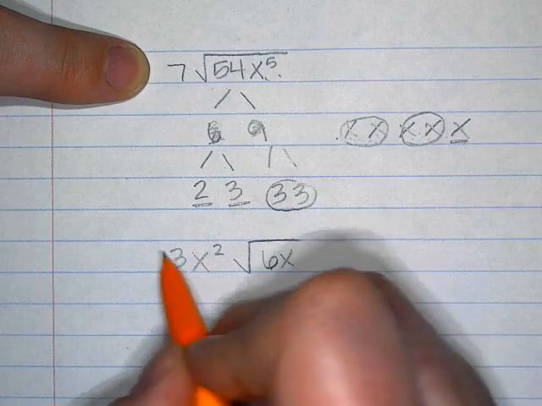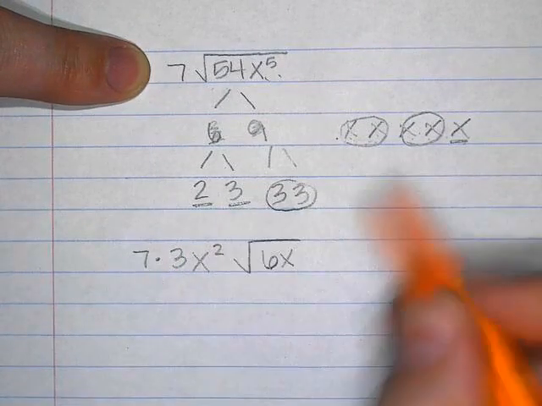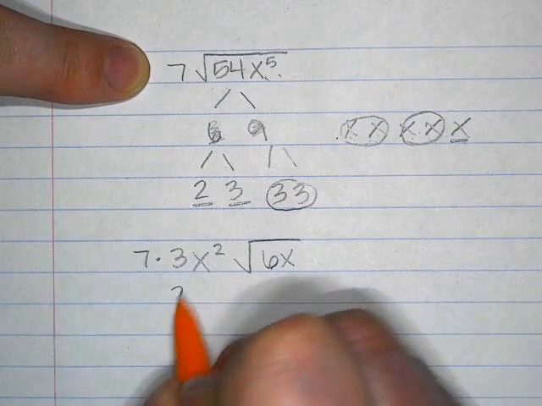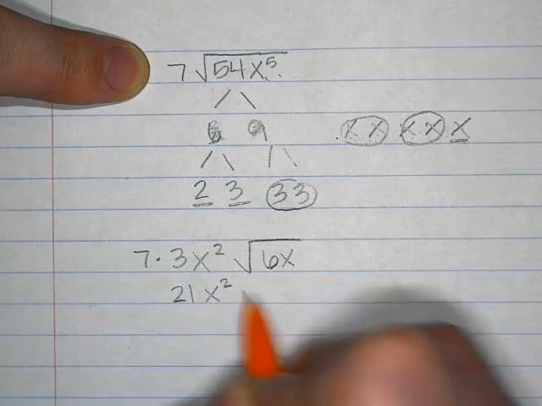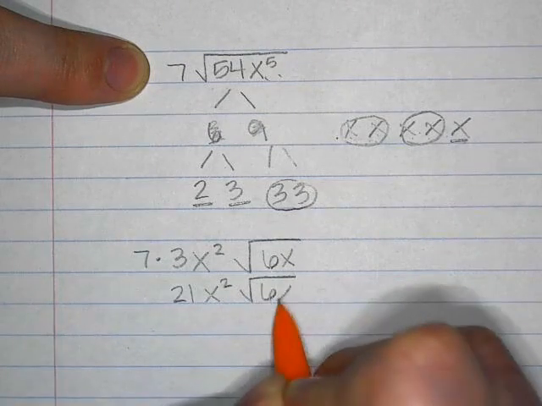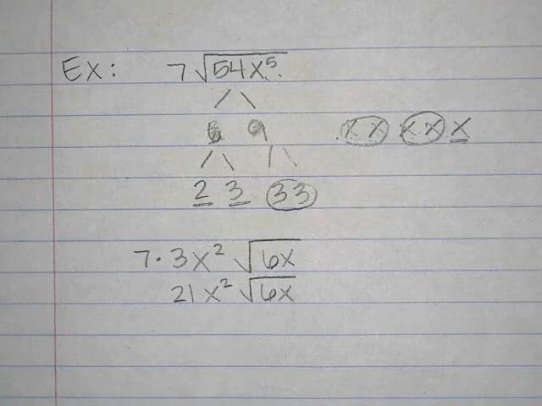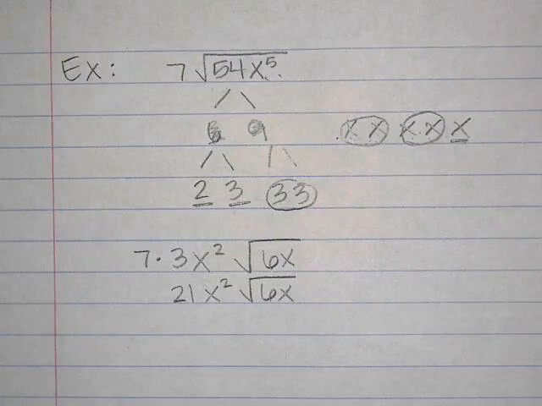So what do I have now? 7 times 3x squared root 6x. Did the variable make it that crazy? It's a 3 in front of the x. So the variable works out the same way as the numbers did. We're looking for pairs.